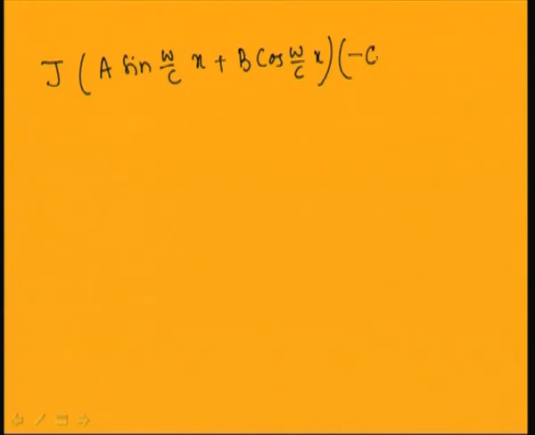Substituting for the left end, you can write J1 into A sin(omega/C x) plus B cos(omega/C x) into, as you are differentiating it twice with respect to time, minus C1 omega square cos(omega t) and minus C2 omega square sin(omega t).